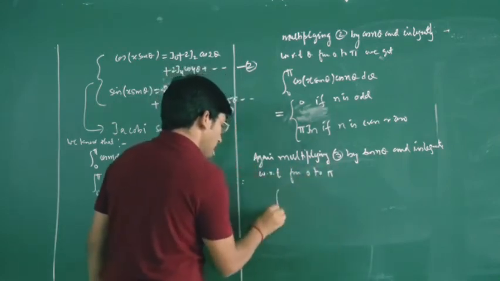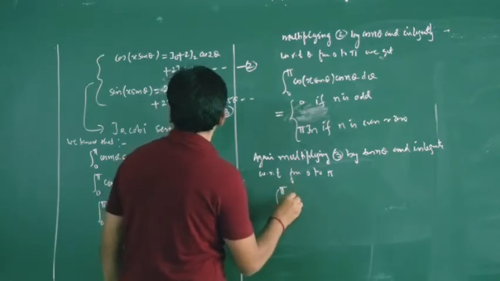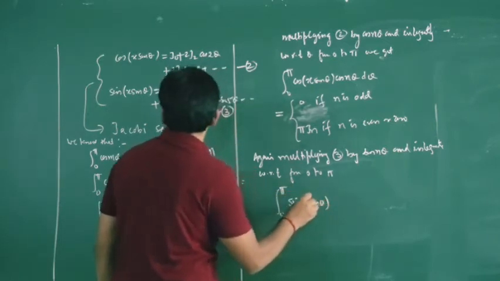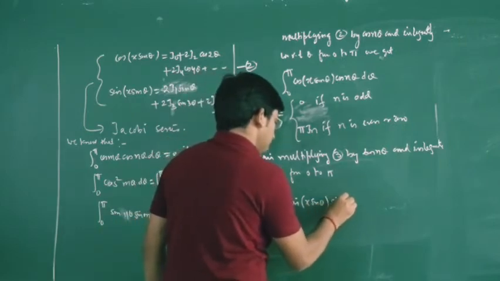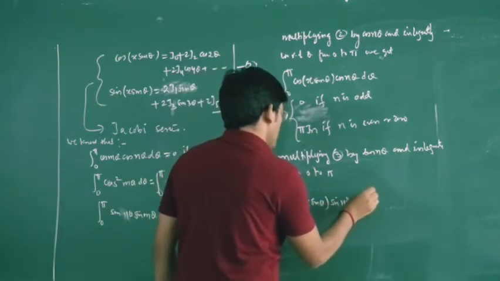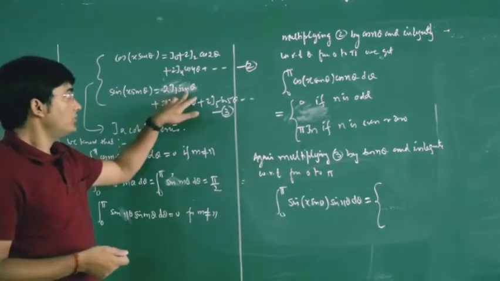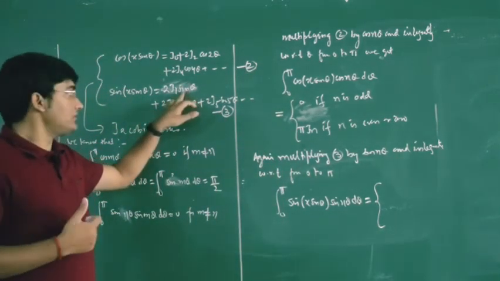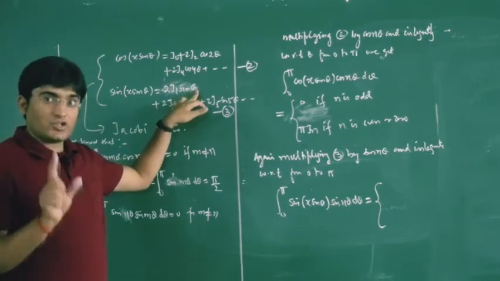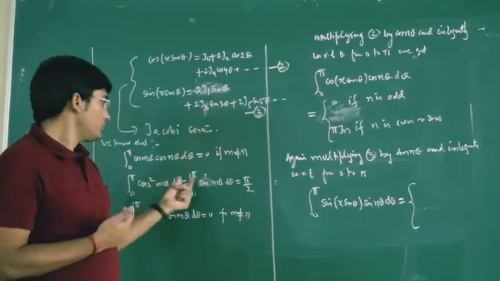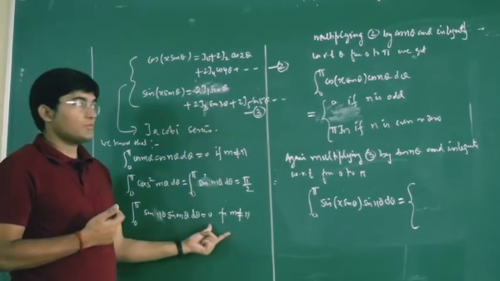So in the left hand side we will have the integral 0 to pi of sin of x sin theta, then we will have sin n theta d theta, equal to, in the right hand side if you multiply by sin n theta, then if your n is even, this will be sin theta into sin 2 theta, it is 0 because of this condition.